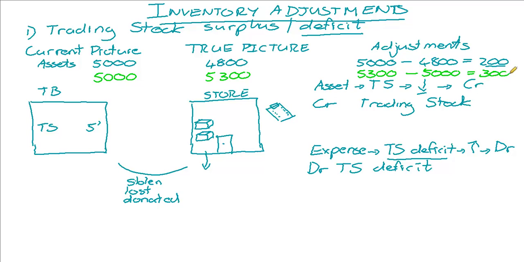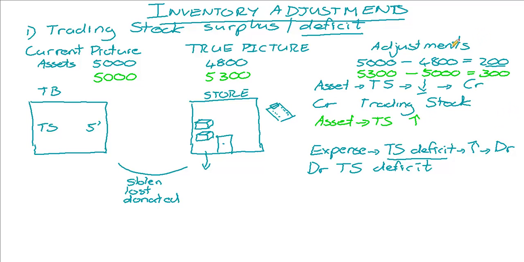But this time, my true picture is greater than the current picture. So the true picture of my assets is that they are more than what I've got in my accounting records. So I need to increase the assets in my accounting records.